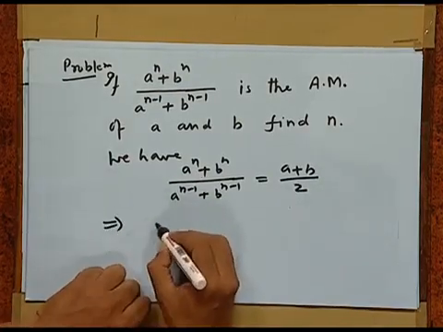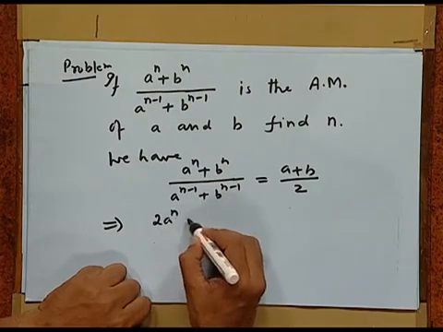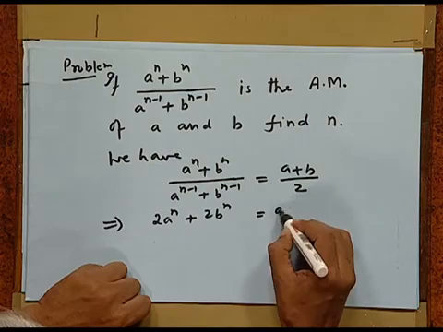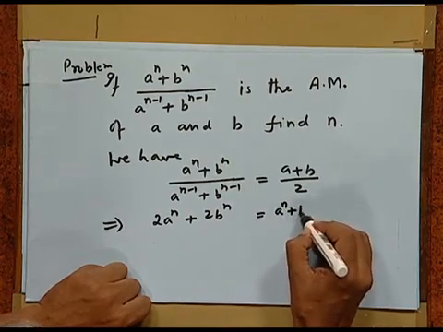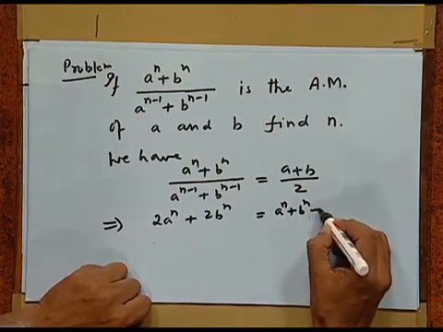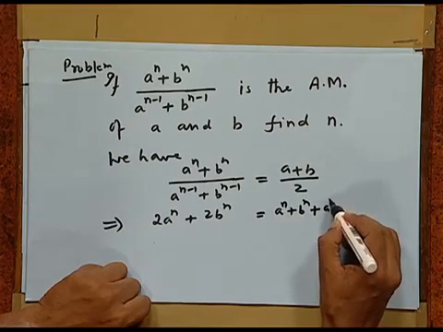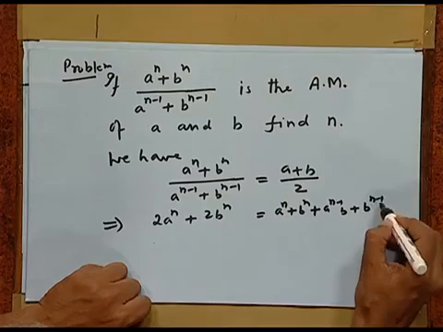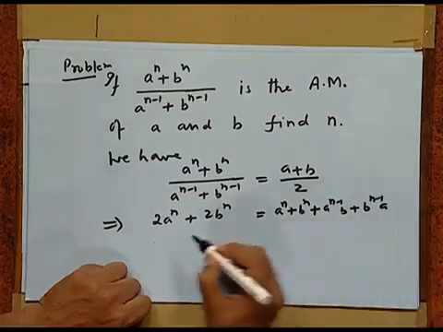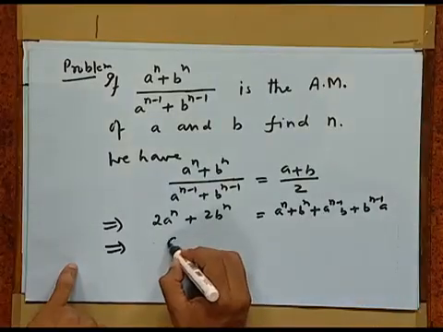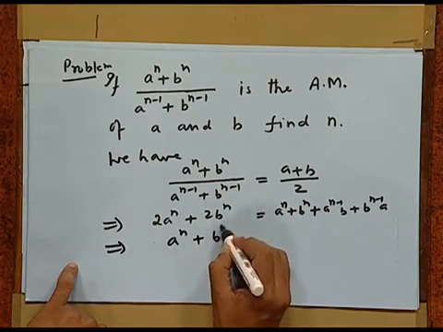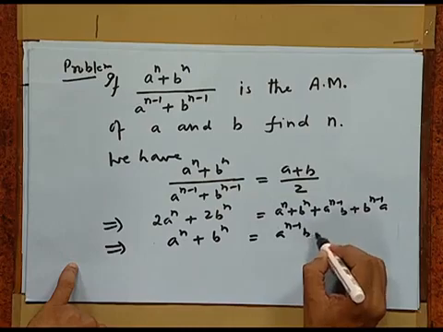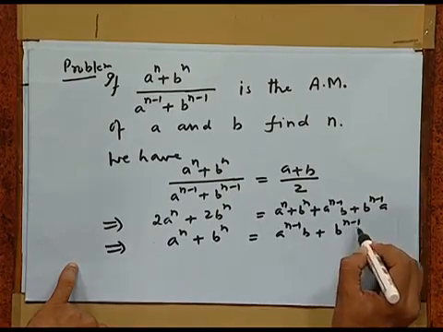This implies 2A^n plus 2B^n is equal to A^n plus B^n plus A^(n-1)B plus B^(n-1)A. Again, it implies A^n plus B^n equal to A^(n-1)B plus B^(n-1)A.